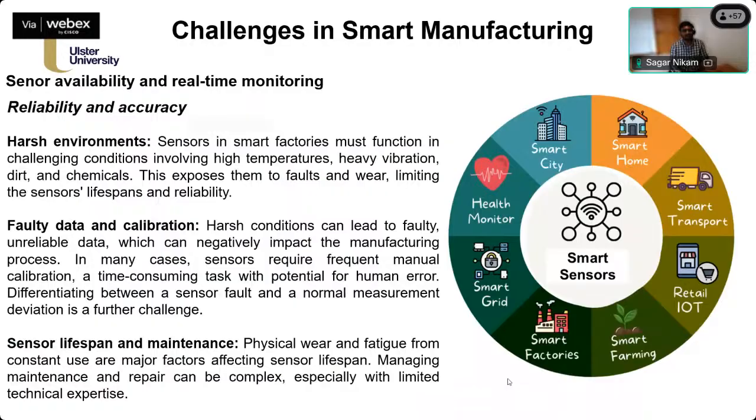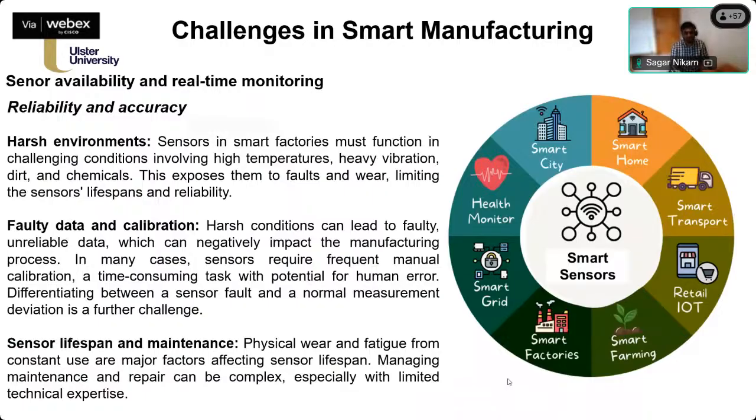So that's the reason for the sensor availability problem: the harsh environment, lack of calibration, limited sensor lifespan and maintenance. Again, the sensors which we currently have are not that cheap.